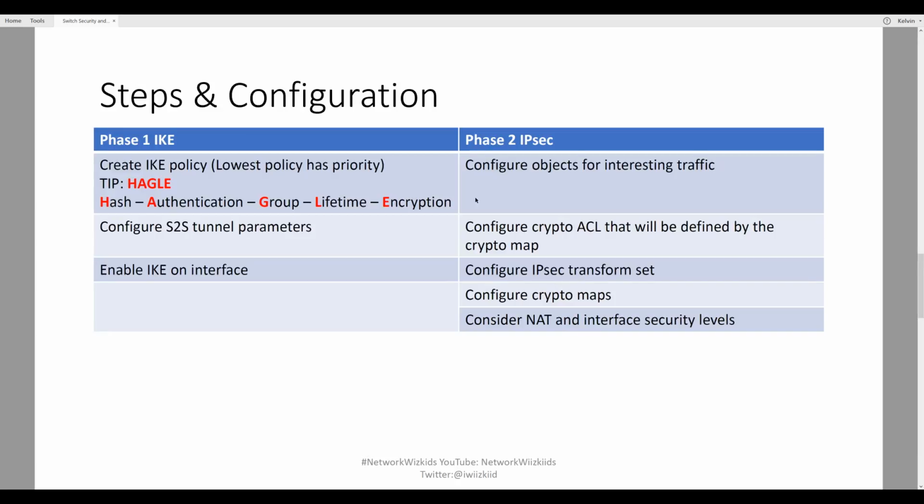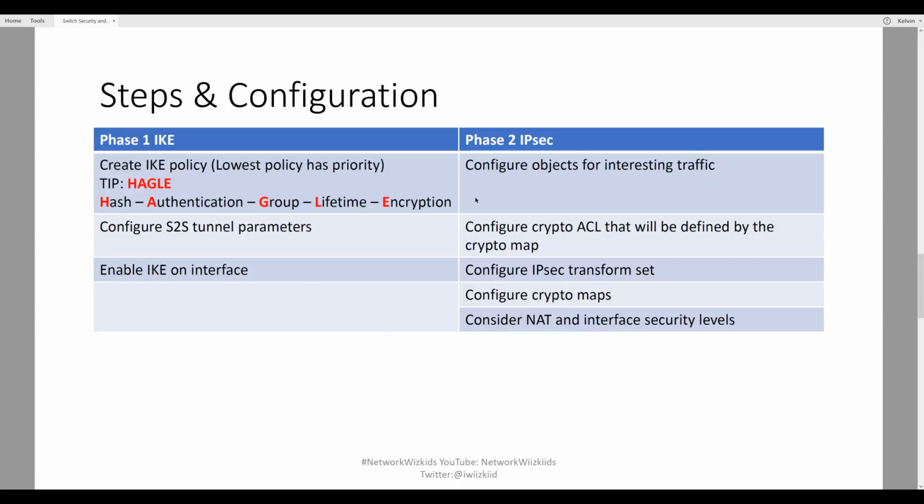Phase 2, we then go on to configuring objects for interesting traffic, and the reason I've put this under phase 2 is because you pretty much apply it to crypto maps anyway. So we're going to create object networks for both sites to specify what traffic should be encrypted, and then we're going to create crypto ACLs that will then be defined by the crypto map.